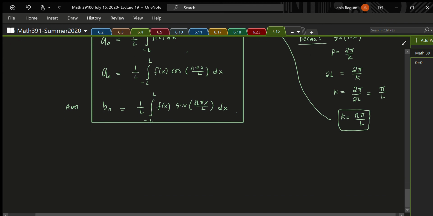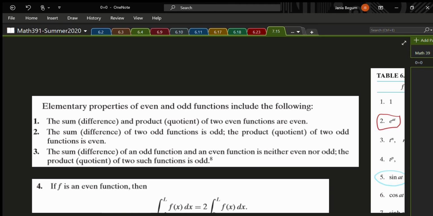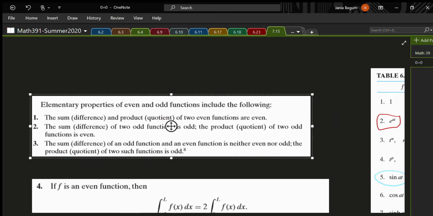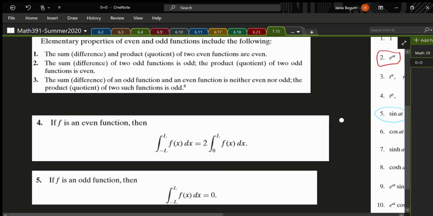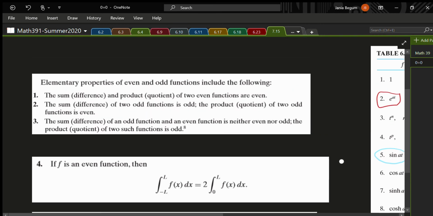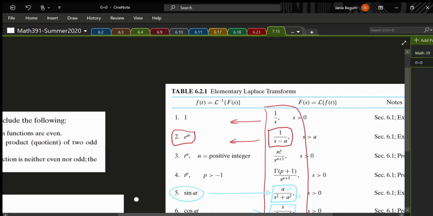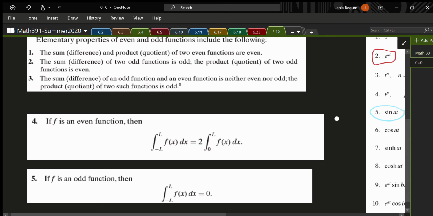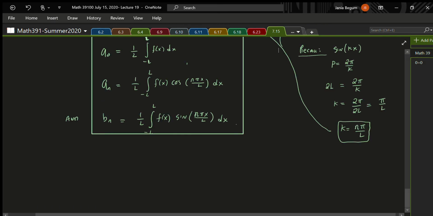I did copy some notes from the textbook. So here are, let's see, is this useful? Not yet. Okay, that's the table. We're going to hold on to that and come back to it.